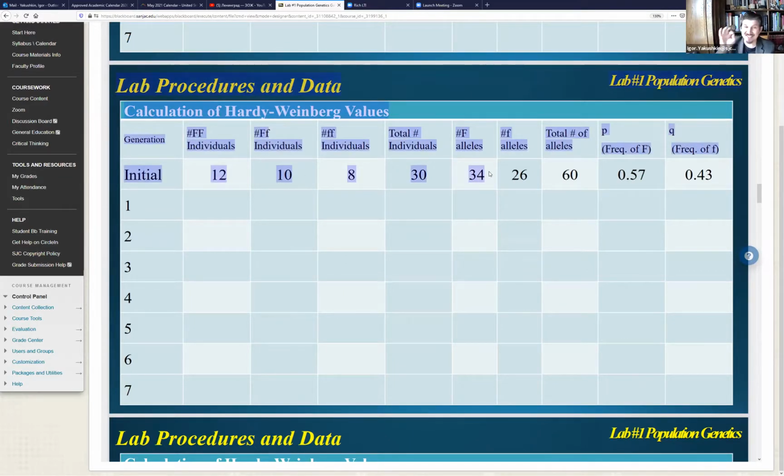Make sure you understand where those numbers came from. Let me write it down. 24 from capital F, capital F, and 10 from capital F, lowercase f.